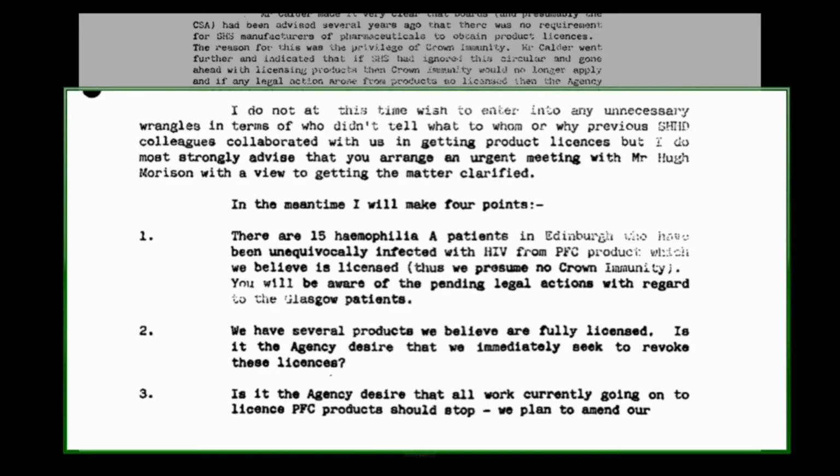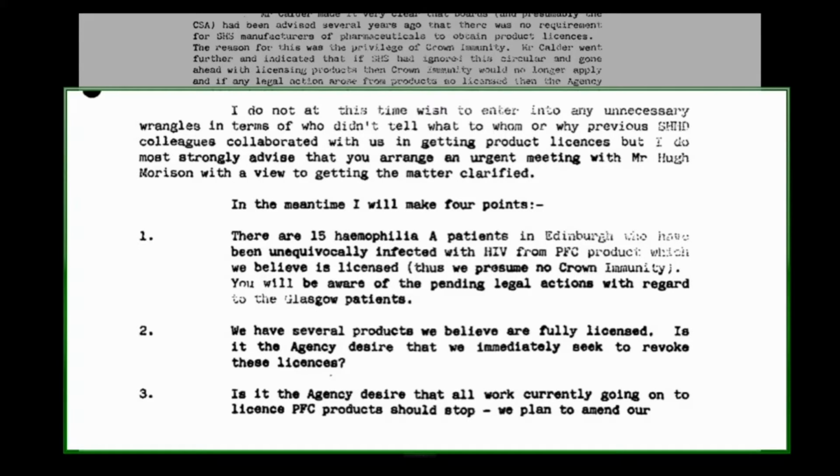And then he makes a number of observations. First, there are 15 haemophilia A patients in Edinburgh who have been unequivocally infected with HIV from PFC product, which we believe is licensed. Thus, we presume no Crown immunity. You'll be aware of the pending legal actions with regard to the Glasgow patients. 2, we have several products we believe are fully licensed.